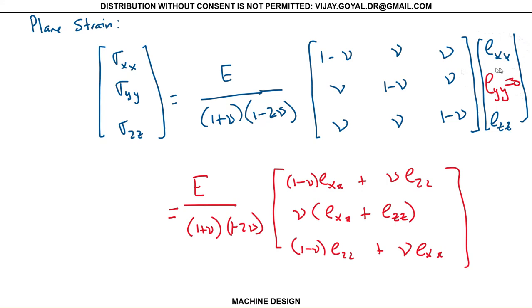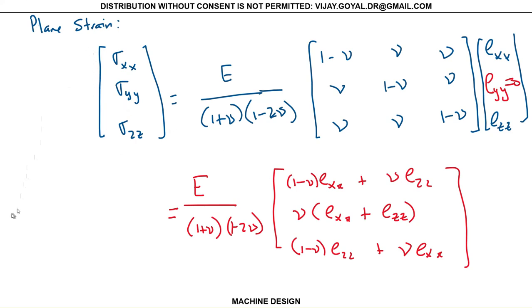You multiply E times the first component, EYY the second one, EZZ times the third one, and you add the terms. When you multiply the second one, this is nu times EXX plus EZZ, and then this is 0, so this term goes to 0. And so these are these stresses, okay?